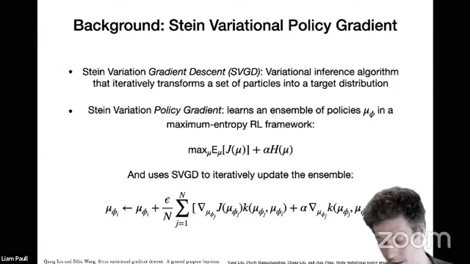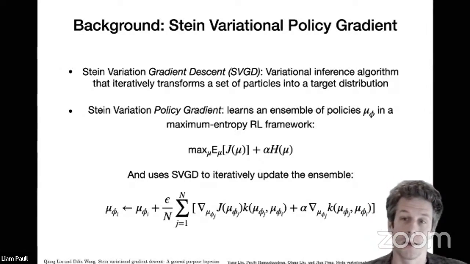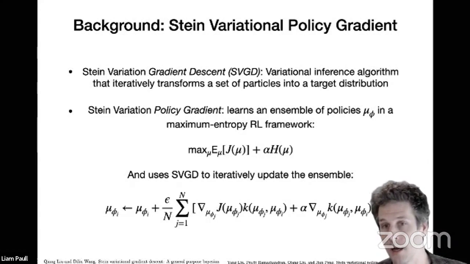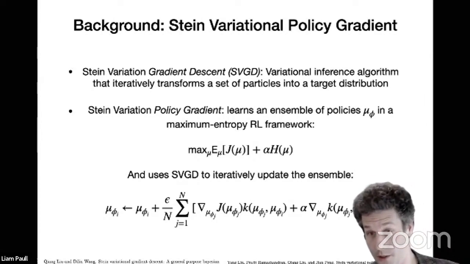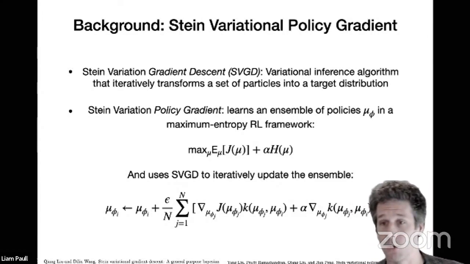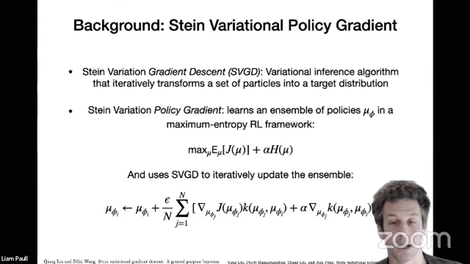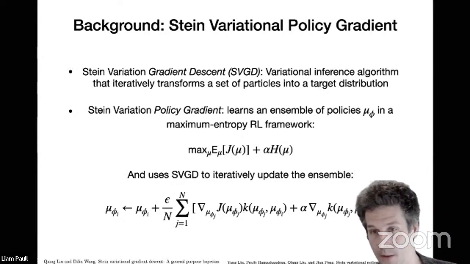It's built off the idea of Stein Variational Gradient Descent, which performs variational inference by approximating a target distribution as a set of particles. We don't have a target distribution in the case of RL, but we can leverage the same idea to learn an ensemble of policies, we call mu parametrized by phi, in some kind of maximum entropy RL framework.